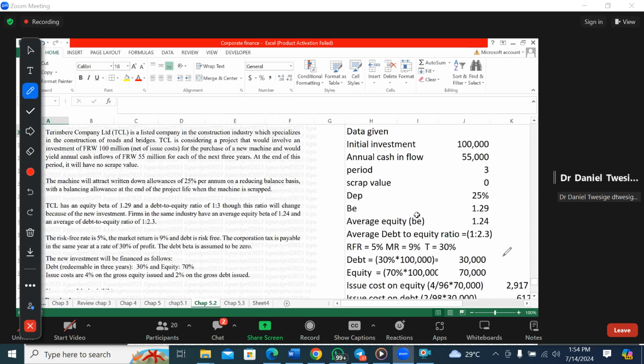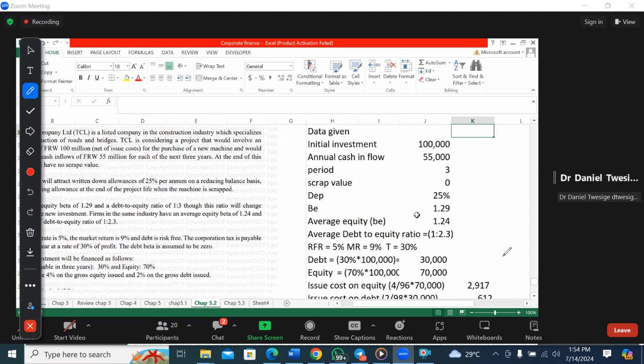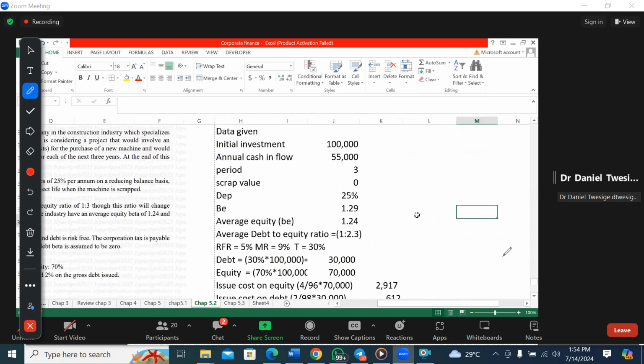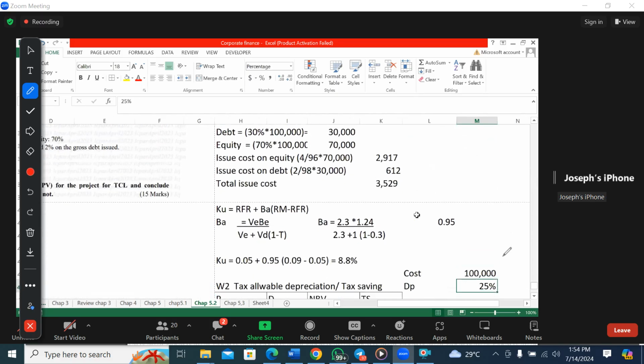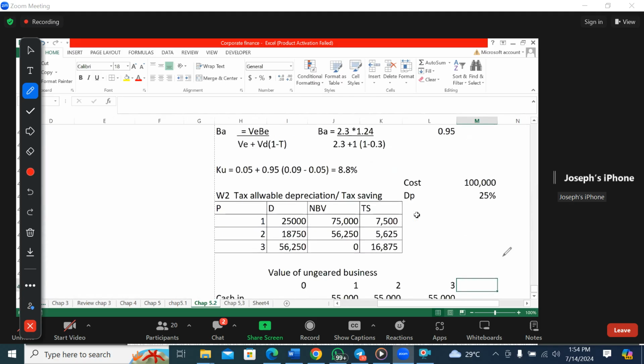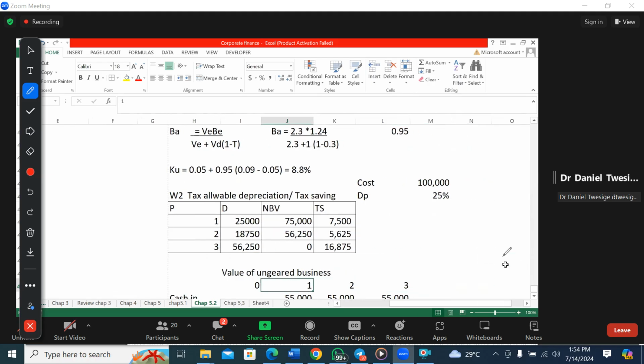Can you repeat the question? I was asking whether in the third year we're going to calculate the tax saving on the 56, because it is a loss. It is a loss we are getting, so we're having a tax saving. Okay. Yes. My problem is coming on this 55, because the question told us it is the cash inflow.